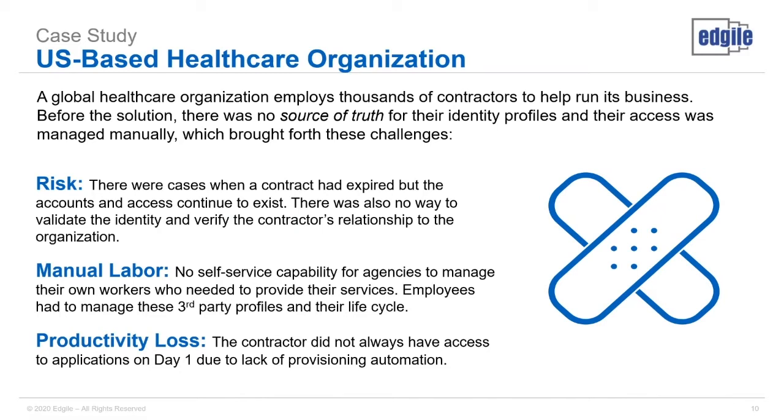The client example is a global healthcare organization, and as a lot of your orgs have, they've got a very disparate group of thousands of contractors and many different types of folks necessary to run their business. Before this solution, there really wasn't a single source of truth, certainly not for all of the different non-employee workforce members.